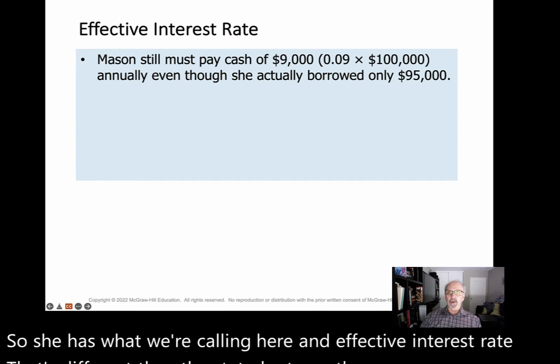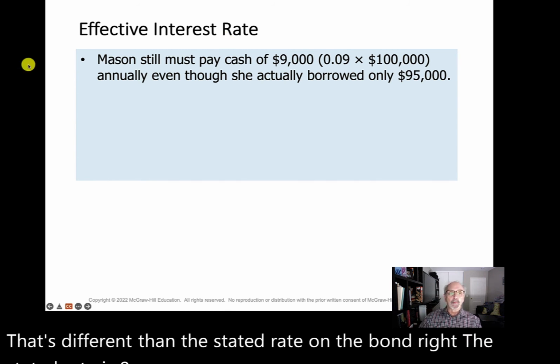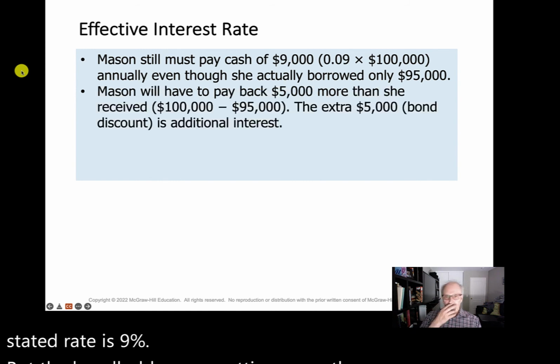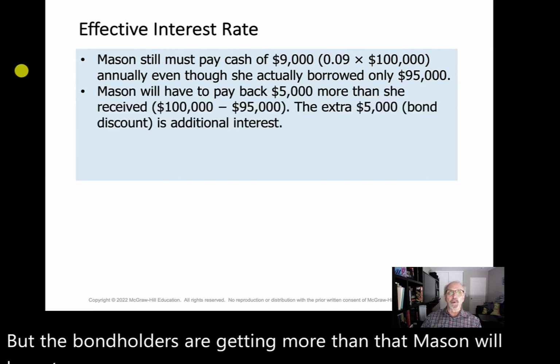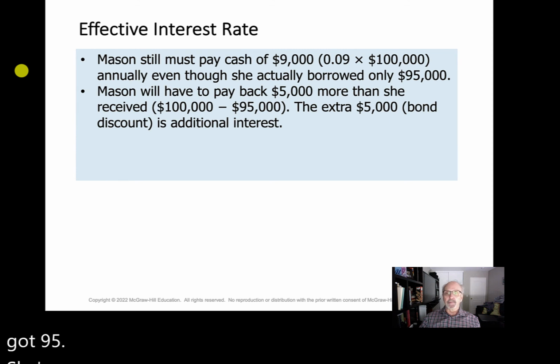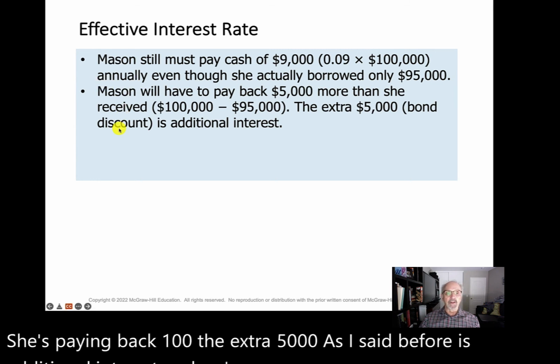The stated rate is 9%, but the bondholders are getting more than that. Mason will have to pay back $5,000 more than she received. She got $95,000. She's paying back $100,000. The extra $5,000, as I said before, is additional interest, and we're going to call this the bond discount.